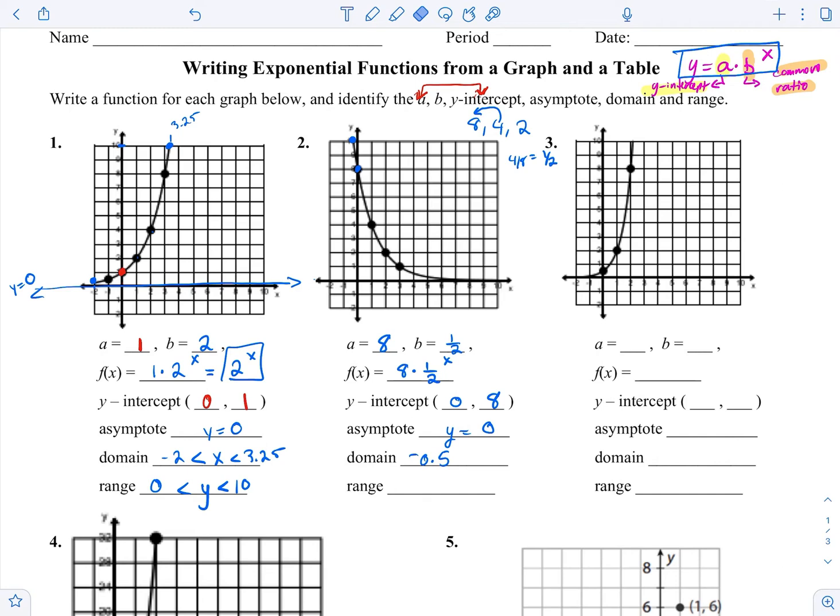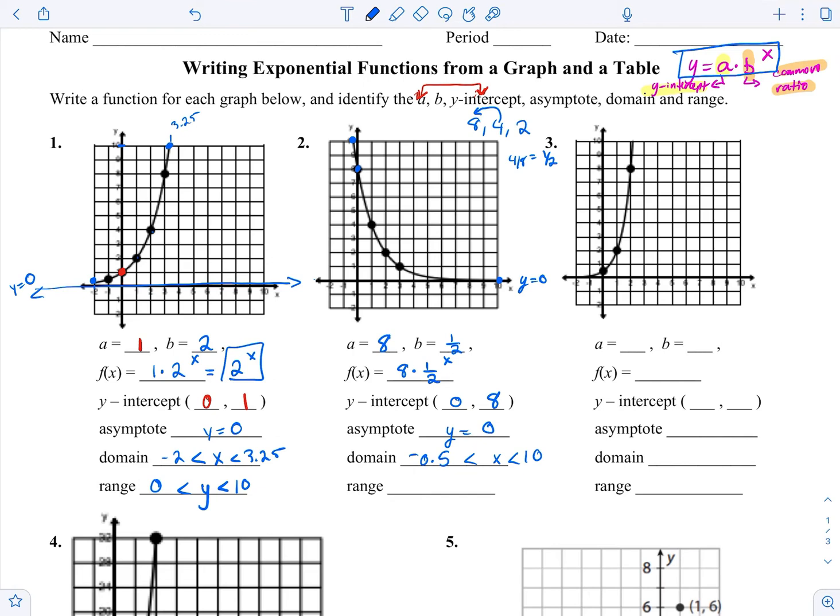But because there's no arrow, we're going to say it ends right here at 10, okay? So x is in between -0.5 and 10.